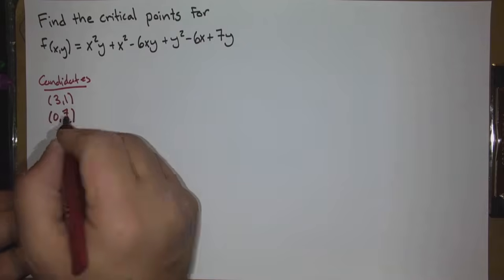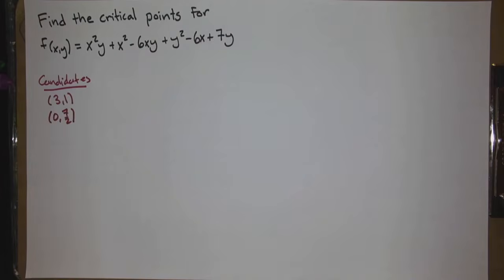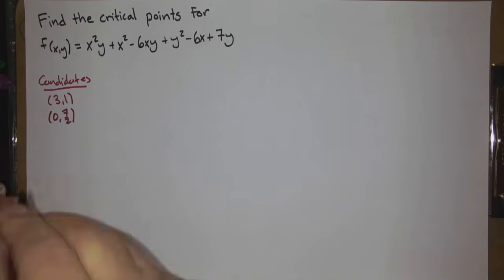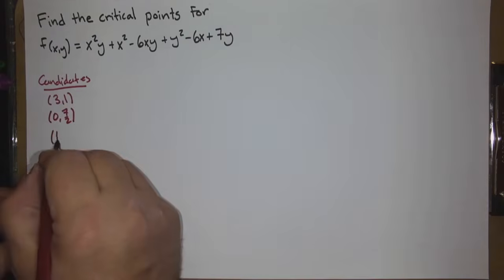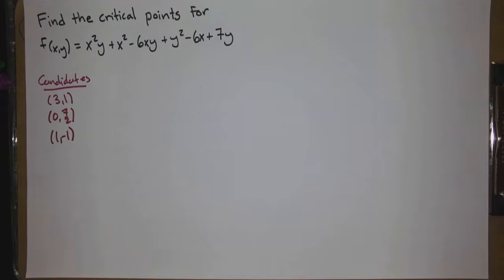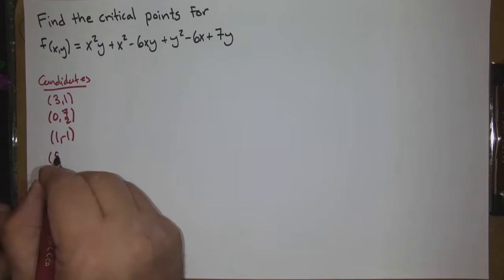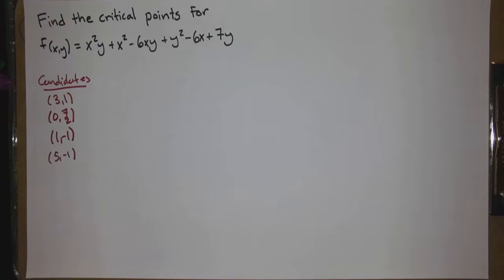Could be. I don't know about the (3, 1). Any others? (1, -1). Okay. Any more? (5, -5, -1). Last chance for bids?